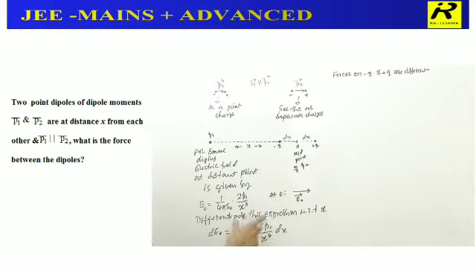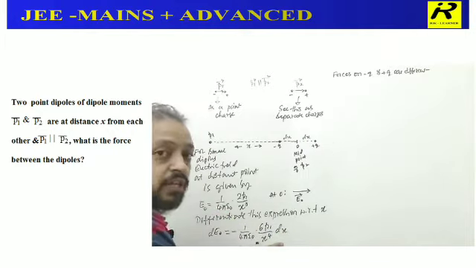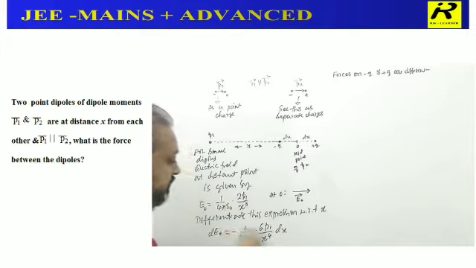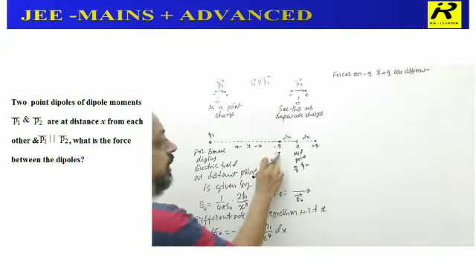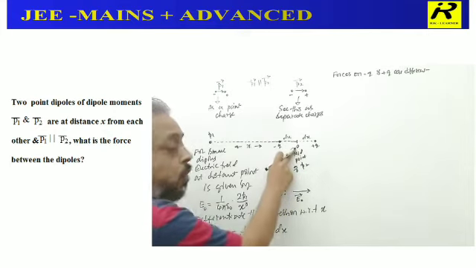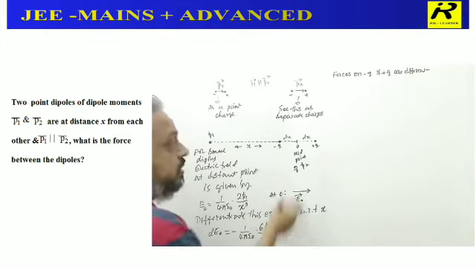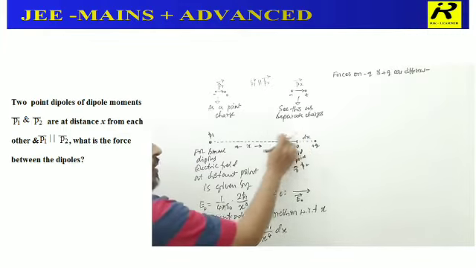Why we are getting negative is that as you move away, the electric field will decrease for this distance. That is the meaning of this equation. That means when you come towards negative q from O, this much electric field will increase, as you move from this point to this point.